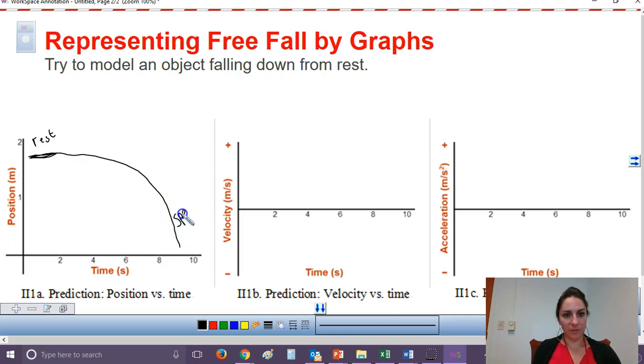Remember that this is a speed up, and the negative slope means backwards or down, because we have a steeper slope here than there. So we start off at a 0 velocity. And then we would move with a constant acceleration that's speeding up. So this is a speed up, remember?